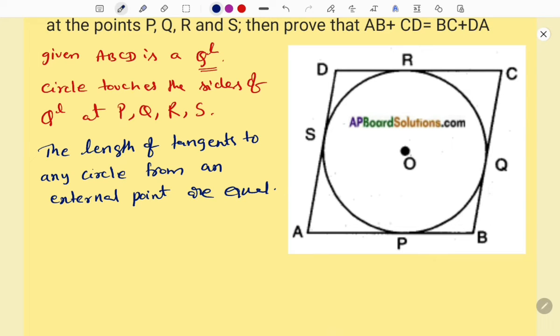Suppose I take A as an external point. From A, this is one tangent and this is another tangent. These both are equal.